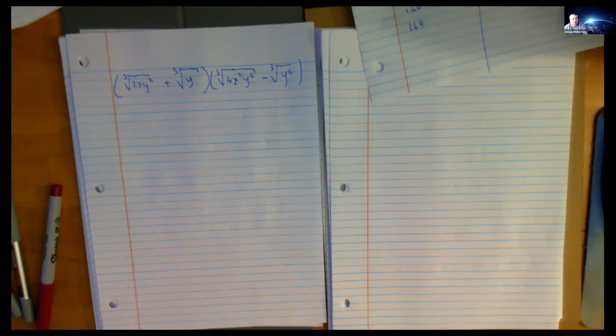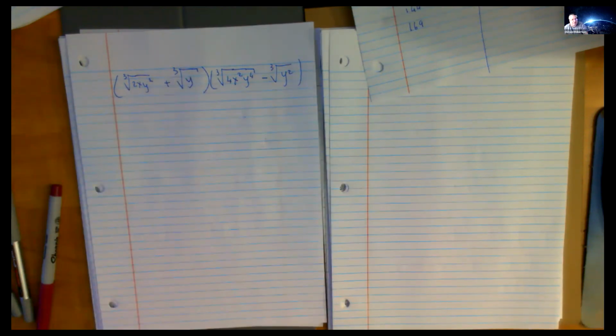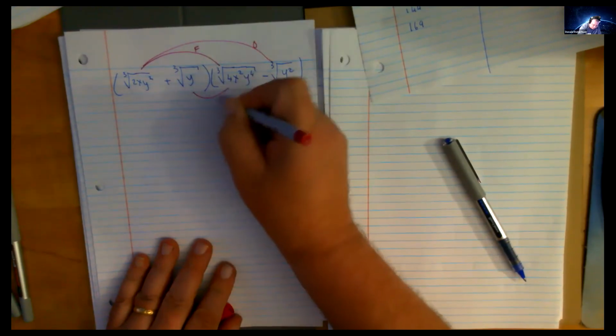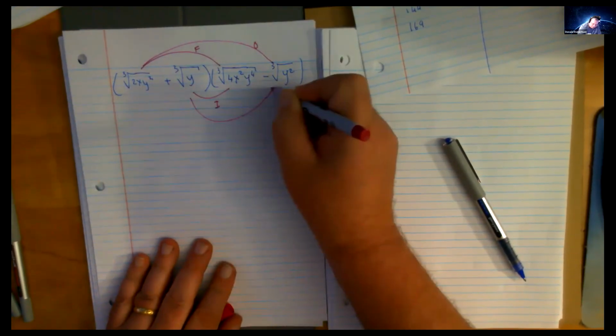I mean, ridiculously ugly, right? Can't think of anything. Well, I guess I could have stuck a 3 or a 2 in it, but there's not much more I could do to that, right? It's pretty much the worst case scenario where there's horrible bits everywhere. Now, it is a FOIL, so we're going to go first, outside, inside, and last, right?